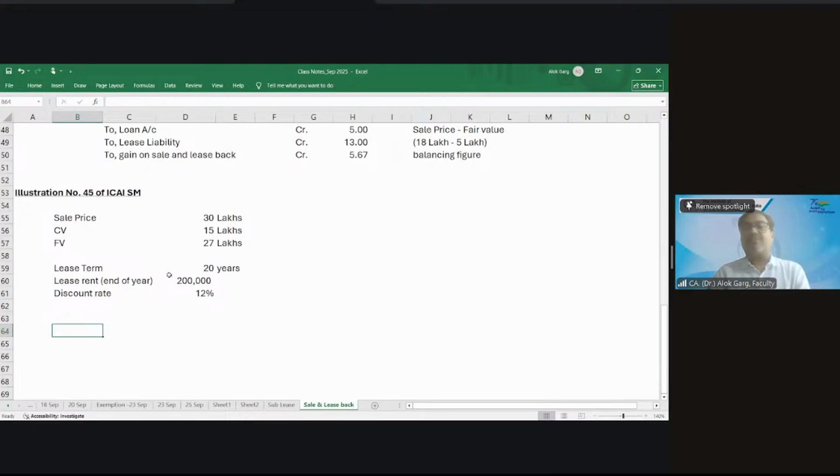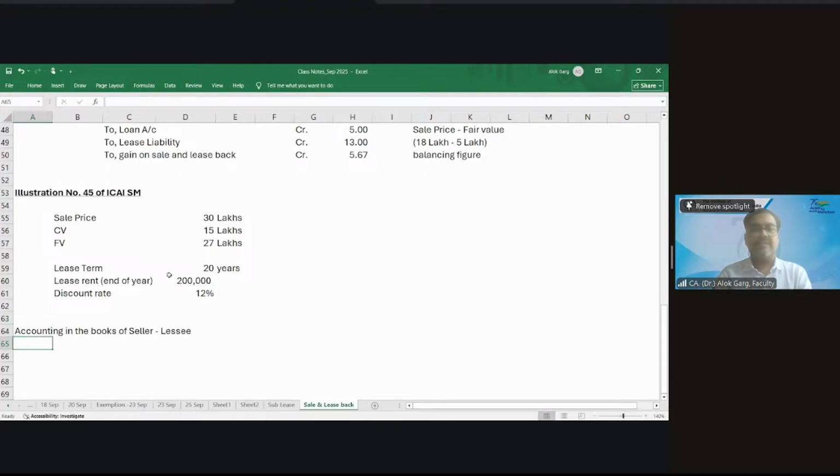Now let's solve this question one by one. We have to solve this question in the books of the lessor and lessee both. Step number 1, solution in the books of seller lessee.